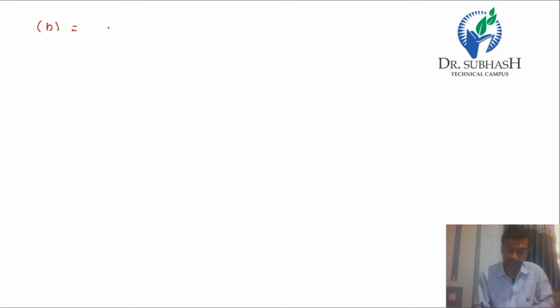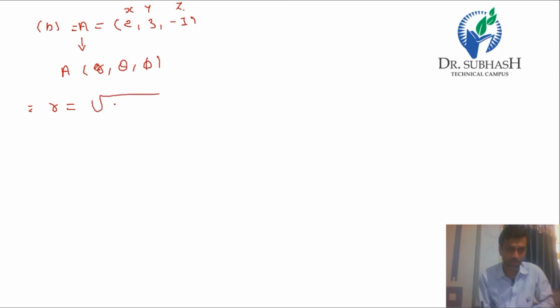Here we have the given point A, which is 2, 3 and minus 1, x, y and z. So first of all we transform this point into r, theta and phi. For r, we know it is the square root of x squared plus y squared plus z squared, so square root of 4 plus 9 plus 1, and we get 3.742.